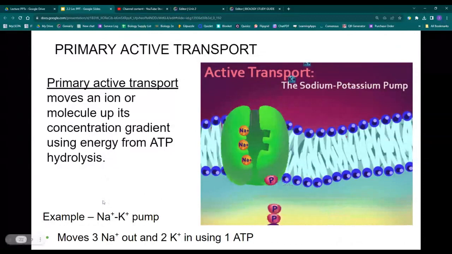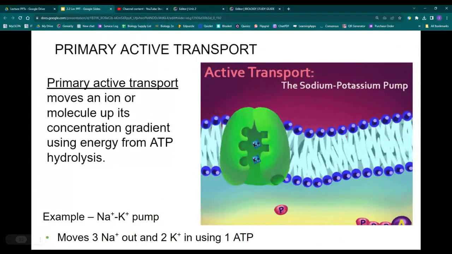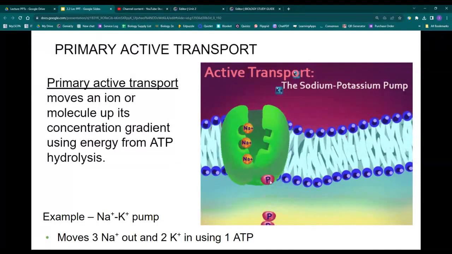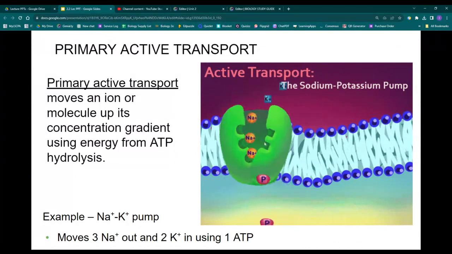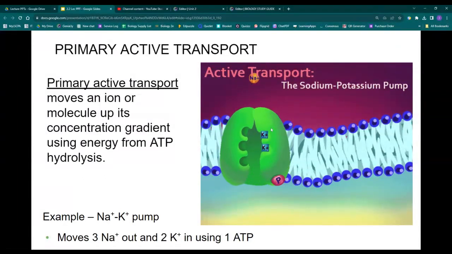Primary active transport, such as the sodium-potassium pump, is going to use ATP. The sodium-potassium pump takes 3 sodium and 1 phosphate and pumps that out of the cell. And meanwhile, 3 sodium are going to exit the cell and 2 potassium are going to come in.